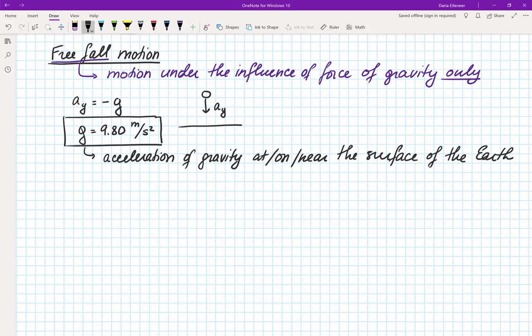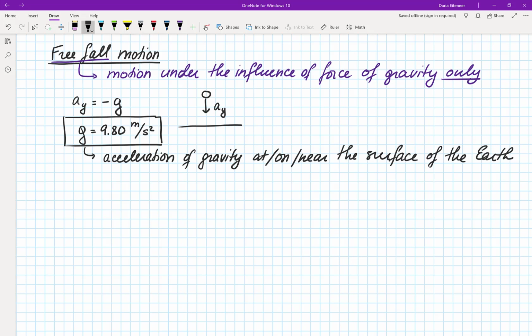Now, when I say at, on, or near the surface of the Earth, I don't mean near as in within a couple of centimeters of the surface. Typically, this is valid for many kilometers above the surface of the Earth. You start seeing differences in this value close to the location of the International Space Station, which is something like 300 or 400 kilometers off the surface of the Earth.